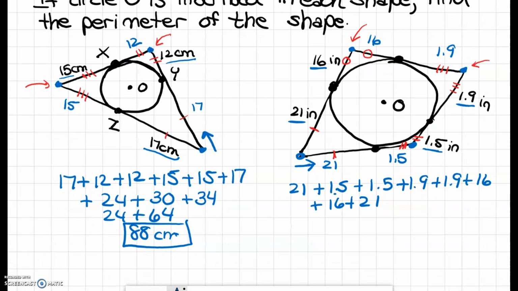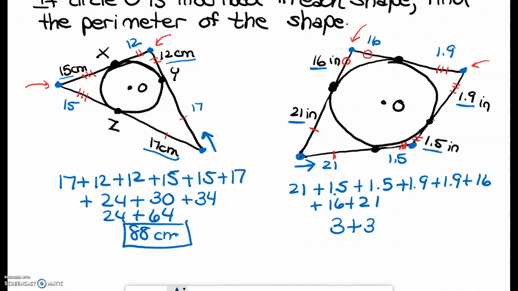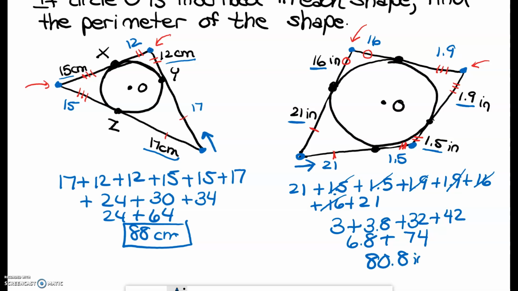Well, I know 1.5 plus 1.5 is 3. 1.9 plus 1.9 is 3.8. 16 and 16 is 32. And then 21 and 21 is 42. So the first two are going to be 6.8. The last two are going to be 74. And so it looks like I have an 80.8 inch perimeter there. All right, so that's how you should do the last two problems, 5A and 5B, on your worksheet.